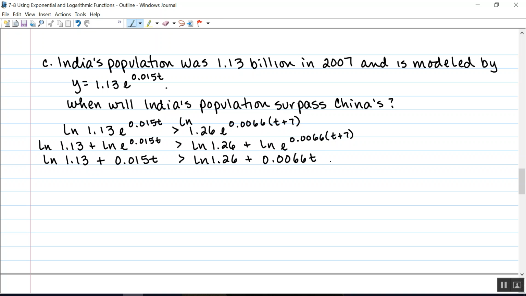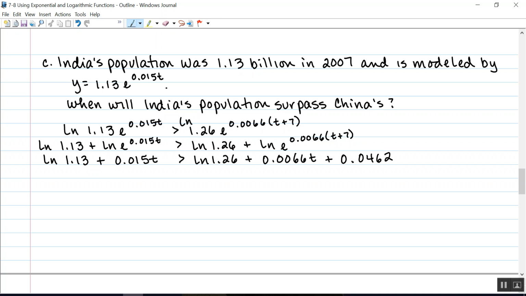T, and here I'm going to go ahead and distribute plus, and this ends up being 0.0462. Now, so we have a number and a term with a variable, a number, a term with a variable, and a number. So let's get all our terms with the variable on one side and all of our numbers on the other side.